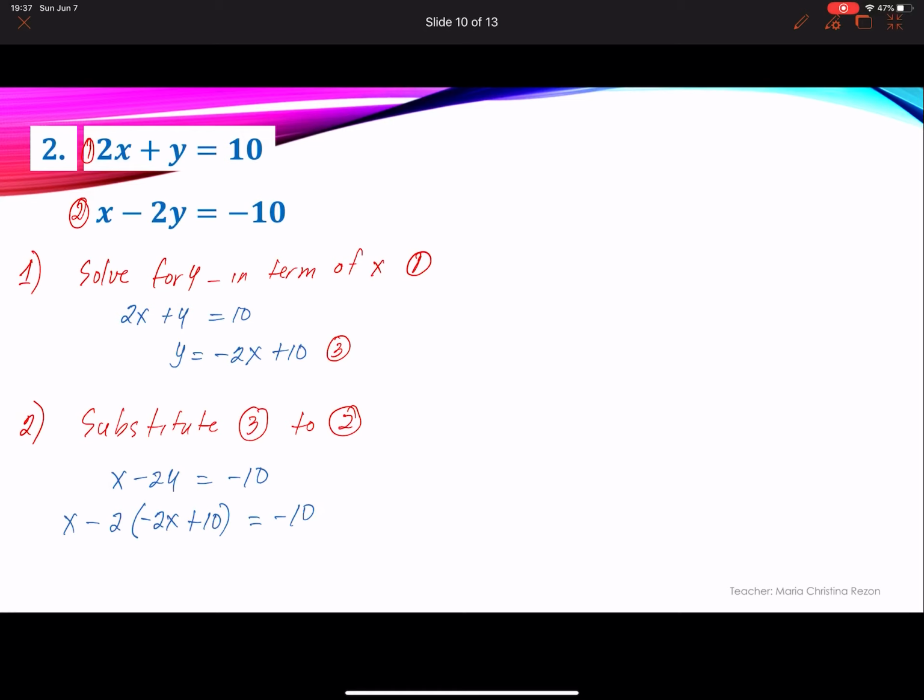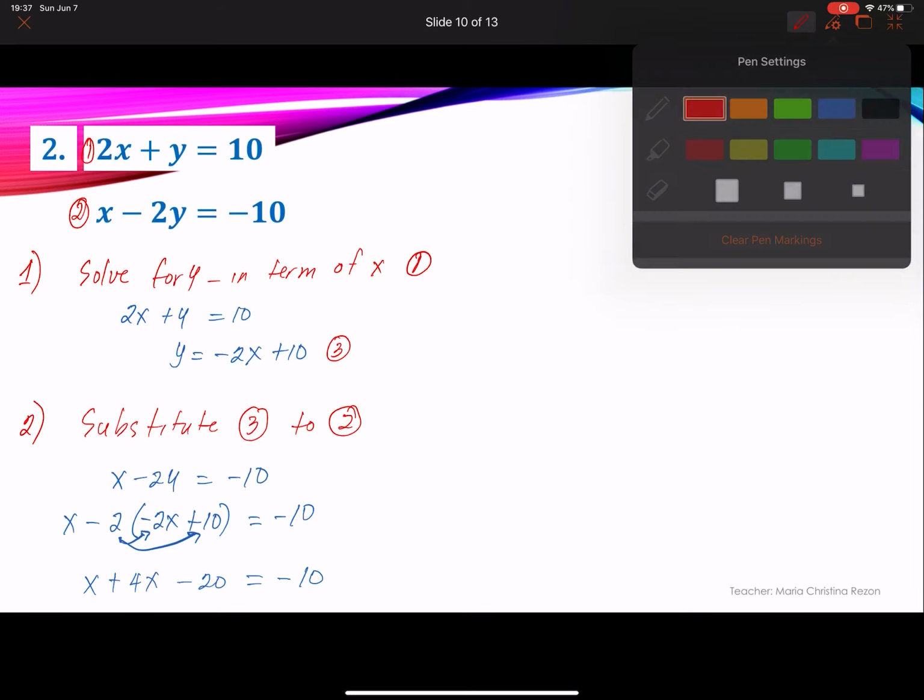Then you simplify further. You will just distribute that. So you have x plus 4x, because negative 2 times negative 2x gives you 4x, minus 20 is equal to negative 10.